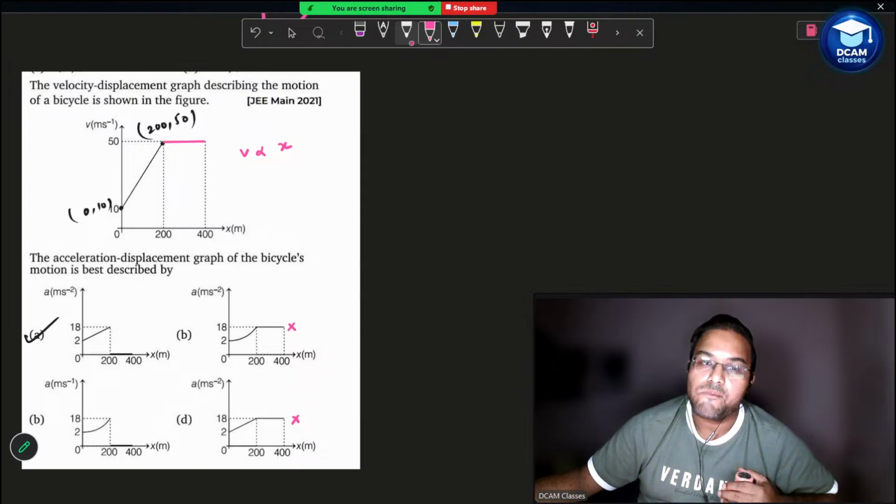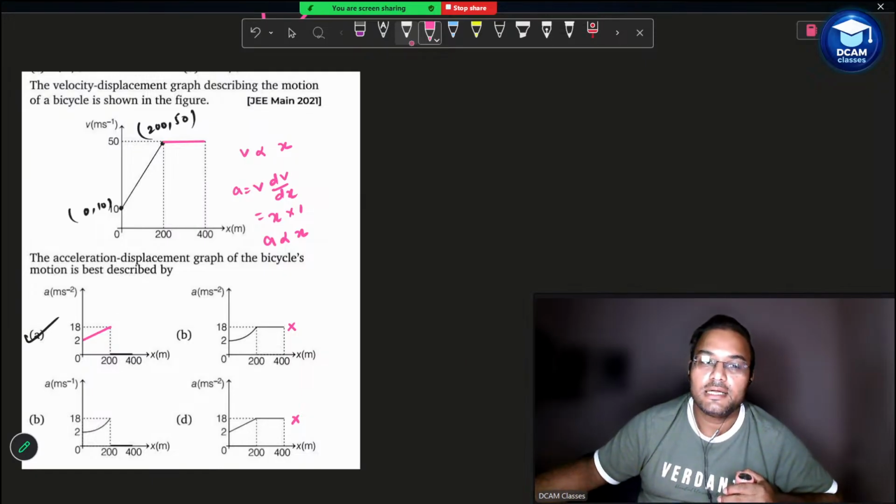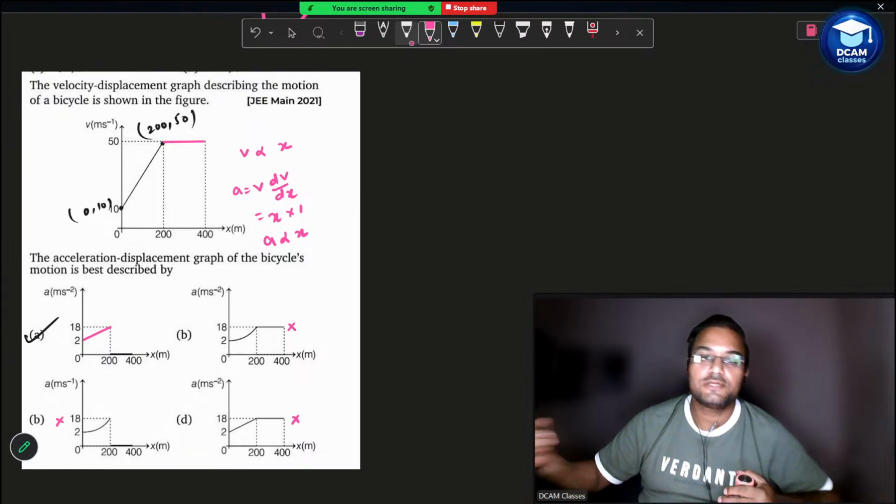So what would the acceleration be? Acceleration is v dv by dx. So it would be nothing but x into dv by dx, which is 1. So a is proportional to x. That is why you are getting this kind of straight line, because acceleration is also proportional to x. Otherwise, I can remove this one.